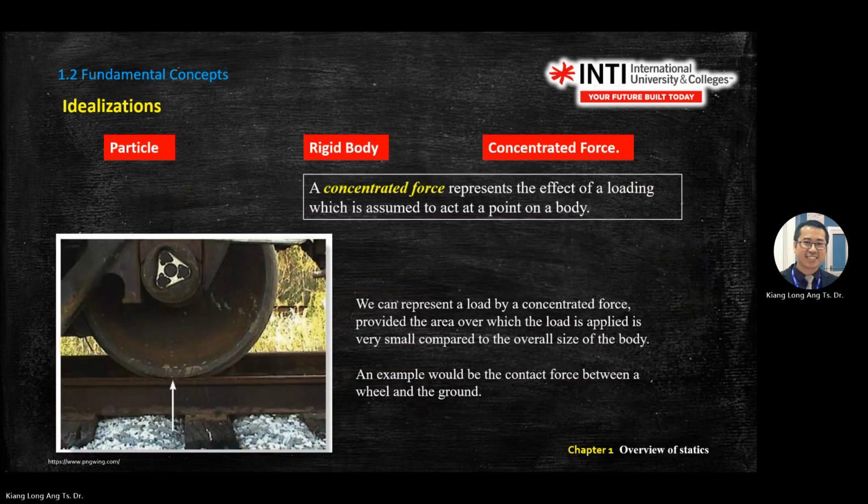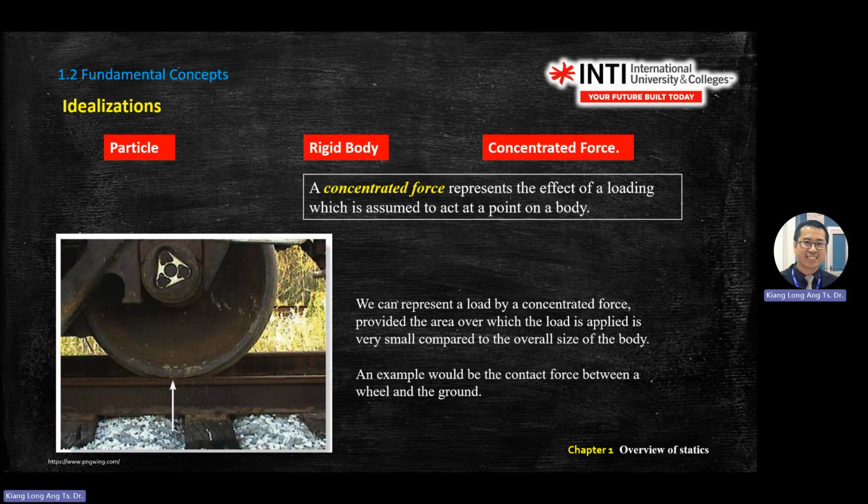Concentrated force. So this one is a real wheel acting on the bar here. So we can represent what happened to the force acting on the bodies. Concentrated force, the keyword here is you look at one point on the body.